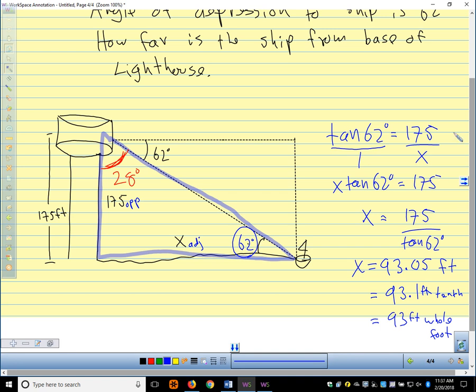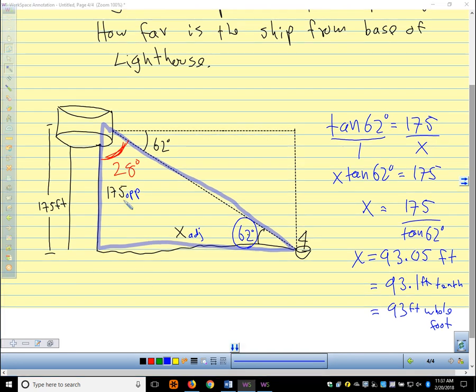the lighthouse. If we set up the problem with this 28 degree angle, for the 28 degree angle, is x the opposite, the adjacent, or the hypotenuse? For the 28 degree angle, x is the opposite. How about this one? That would be the adjacent. So the opposite and the adjacent switch around.